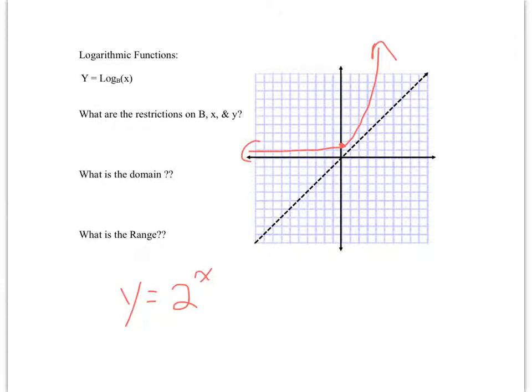I have an x-intercept of (1, 0), because that's the reverse of (0, 1). I have an ordered pair (2, 1), because that's the reverse of (1, 2). I have an ordered pair of (4, 2), right about here, because that is the inverse of (2, 4).